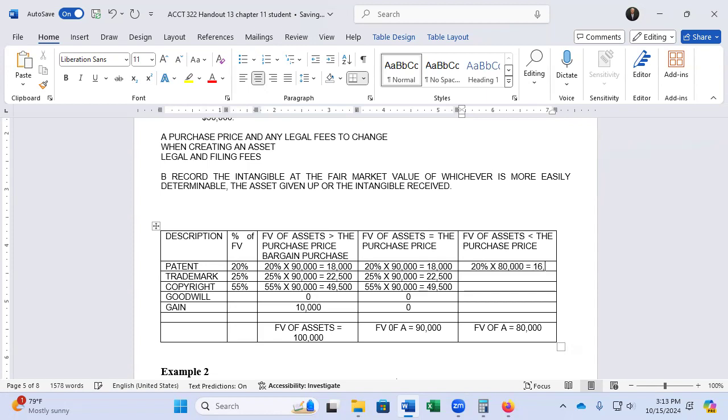And so that's 16,000. 25% times 80,000 equals 20,000. And then 55% times 80,000 equals 44,000.